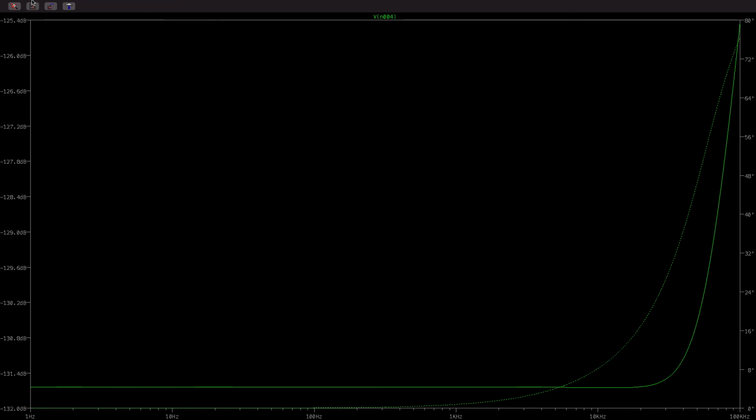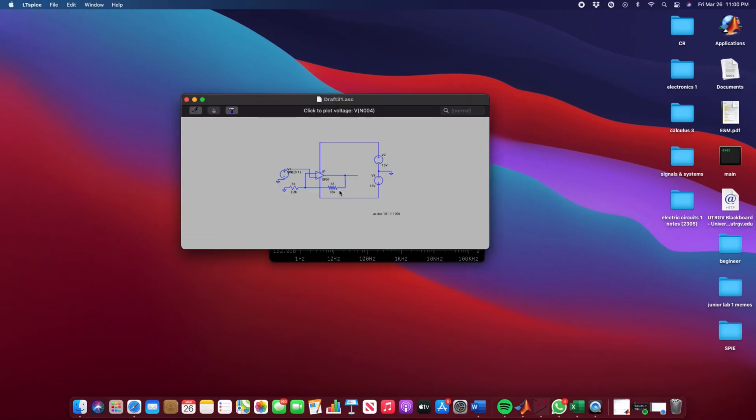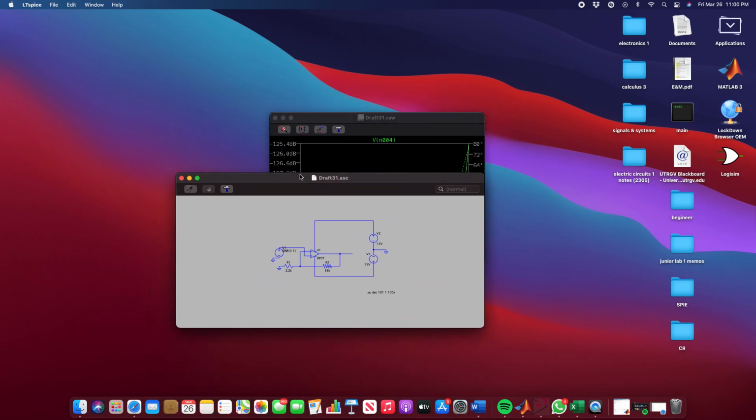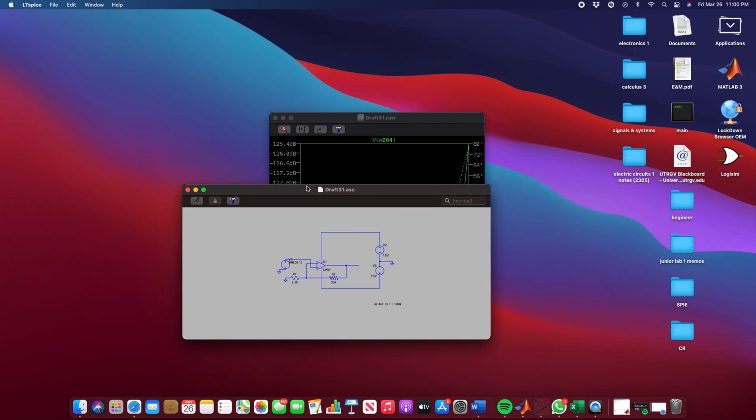I just wanted to demonstrate how I was able to obtain the graphs and simulate my circuits. And again, we can take the transfer function by analyzing this circuit, evaluate it, and use MATLAB to obtain the same graph or analyze it even further.